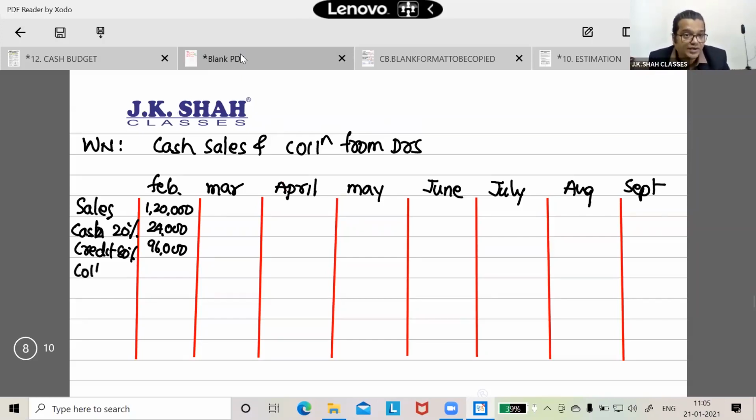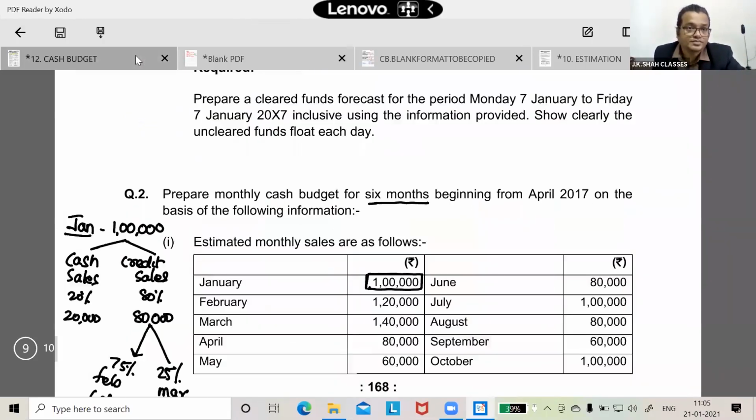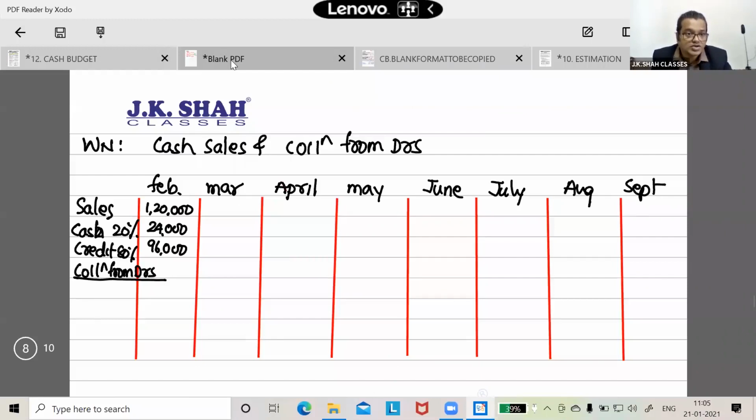Below this, I have to write collection from debtors. Okay. How the collection happens? What is the rule of collection? Check out. The rule of collection is 75% in 1 month and 25% in 2 months. So you know what will happen?